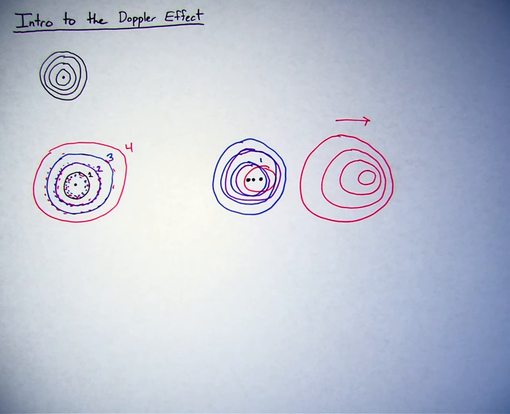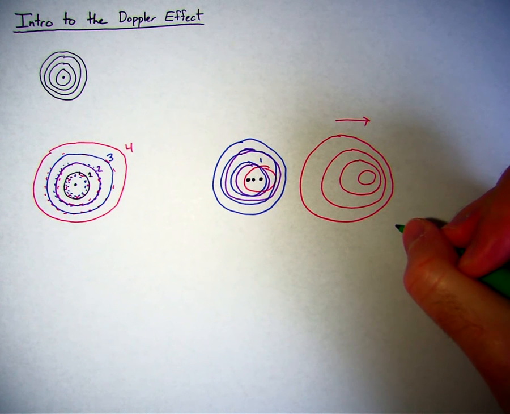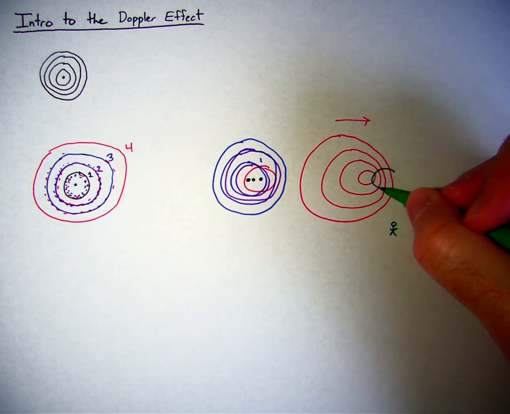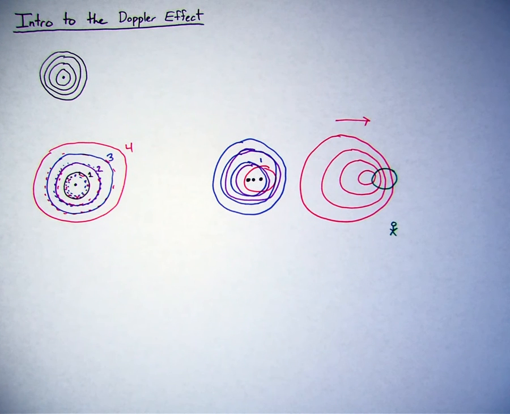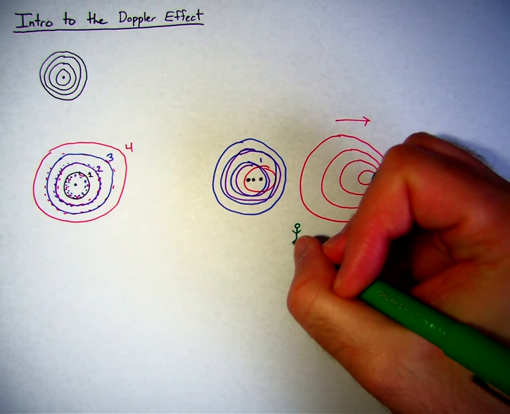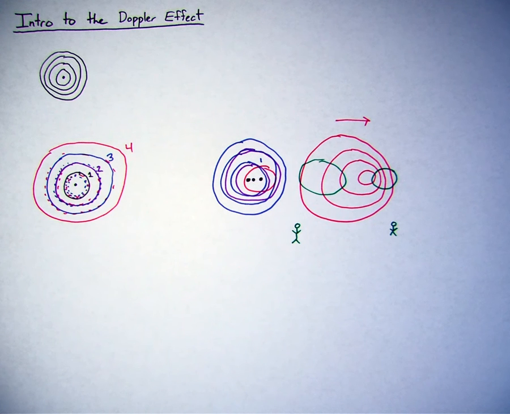Well, what that means is that if you're a person, and let's say this is a sound wave, if you're standing right here, you're going to hear the wave that's coming towards you. If you're standing over here, you're going to hear the wave that's moving away from you. And there's a difference between these two waves.